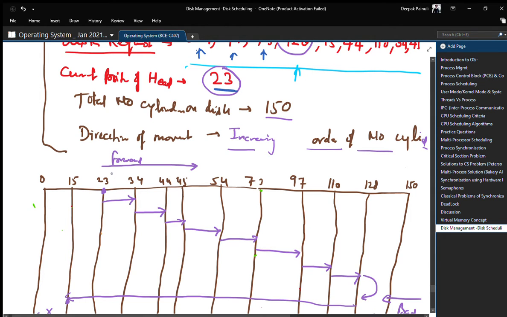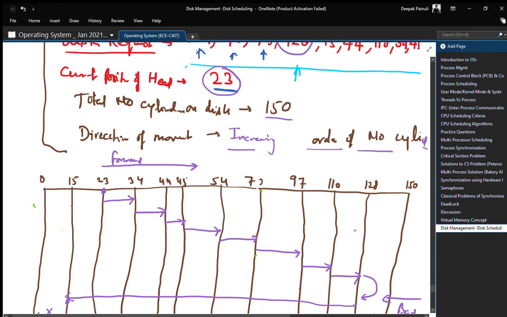For example, before starting our forward pass, the algorithm decided that we will cover 34, 44, 45, 57, 73, 97, 110 and 128 in this pass, because these requests are coming in this pass only, and the pending requests are coming on the opposite side.